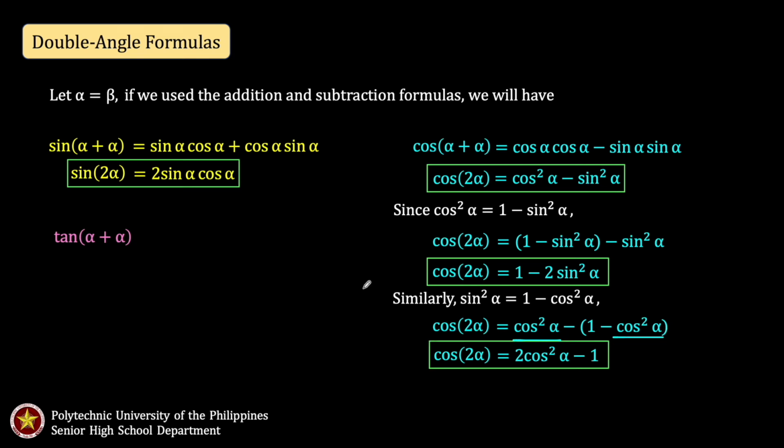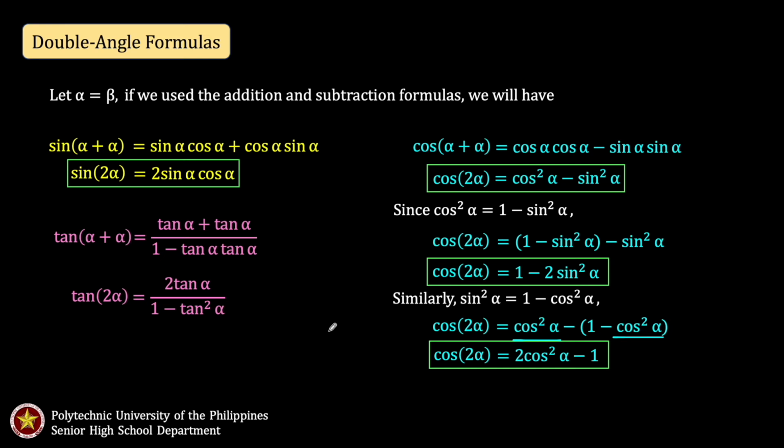For tangent, tangent of alpha plus alpha, we have tangent alpha plus tangent alpha all over 1 minus tangent alpha times tangent alpha. For tangent 2 alpha, on the numerator we have 2 tangent alpha, while on the denominator, 1 minus tangent squared alpha.